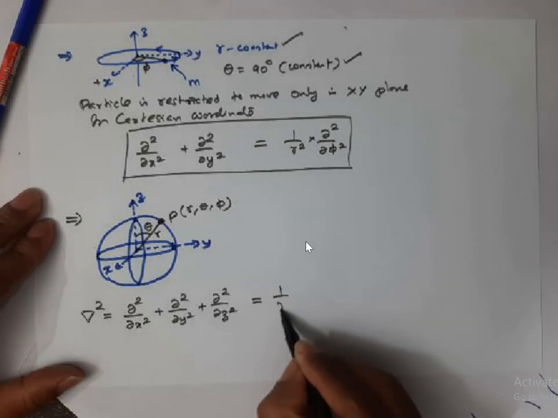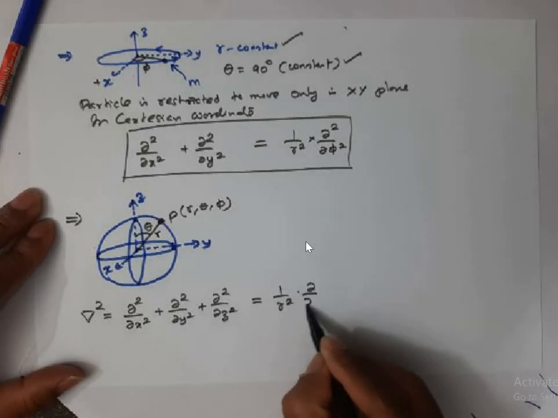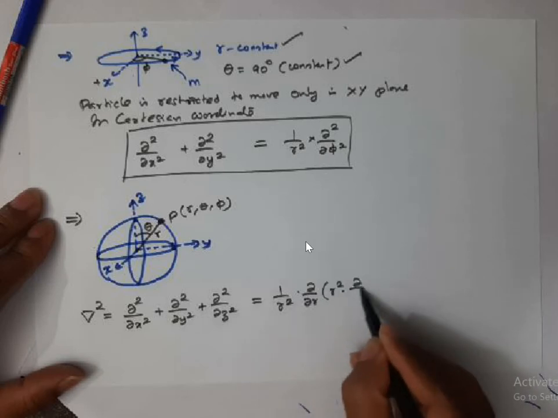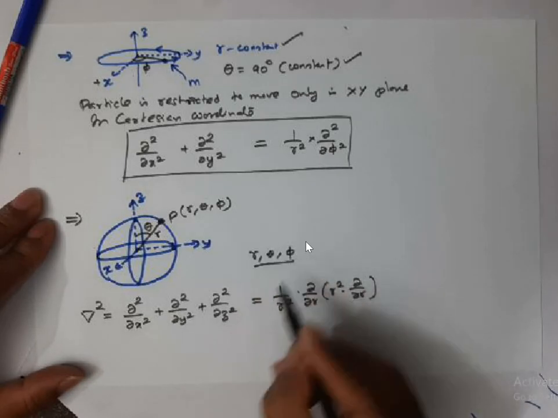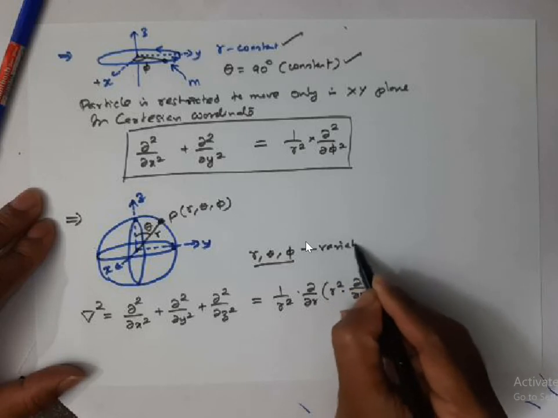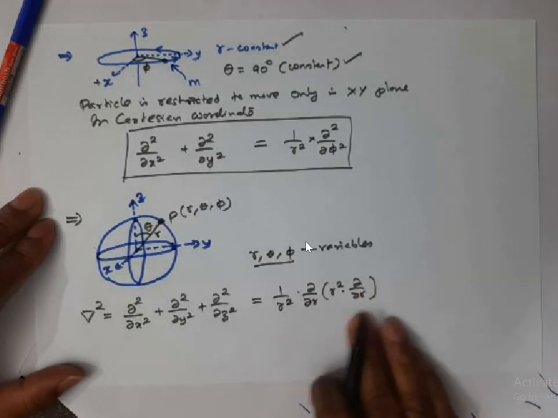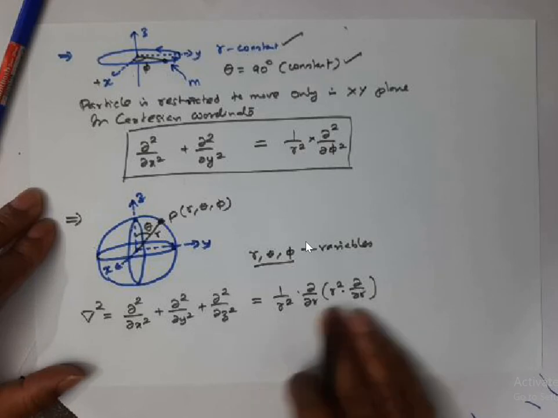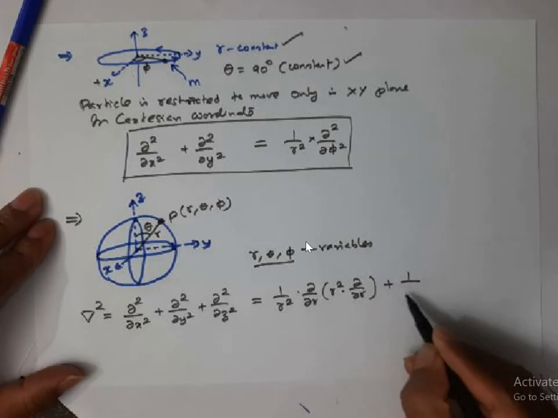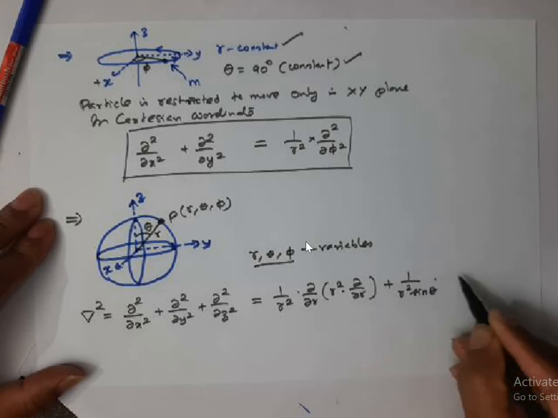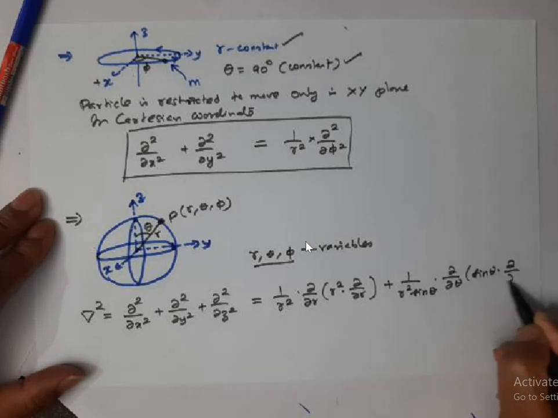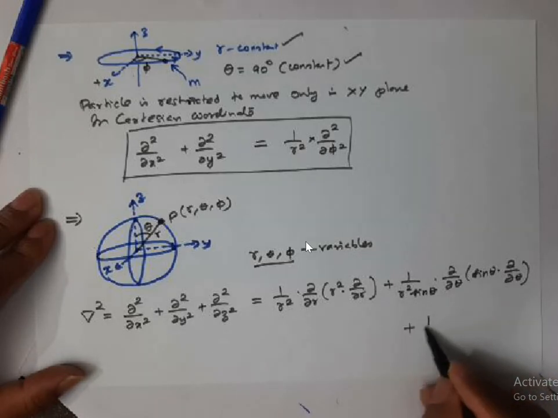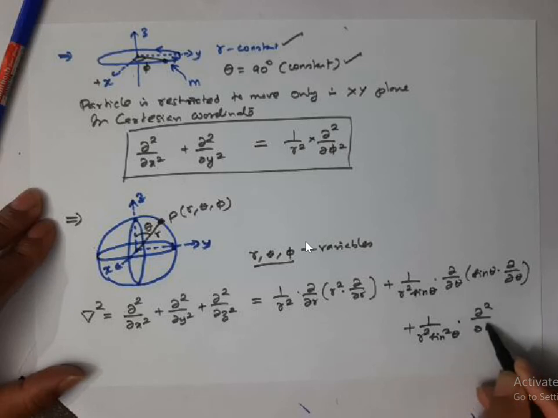What is that? 1/r² times ∂/∂r of r² ∂/∂r. See here, r, theta, phi are all variables, so we have the radial coordinate, plus 1/(r² sin θ) times ∂/∂θ of sin θ ∂/∂θ, plus one more term, 1/(r² sin² θ) times ∂²/∂φ².